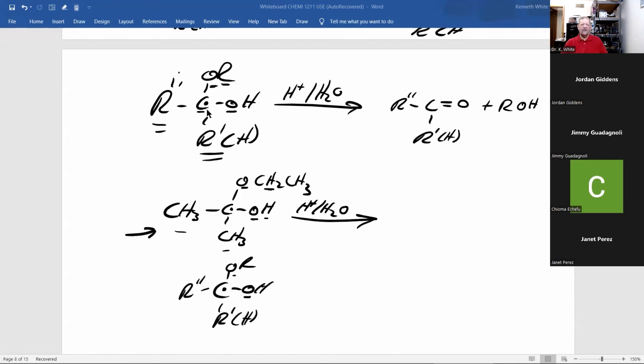Carbon in this molecule, two oxygens. One has a hydrogen, one has an R group. And now on that same carbon is either R prime or hydrogen, R double prime, acid and water. You get back the aldehyde or ketone plus the alcohol you would have used to make this, which I showed you earlier.